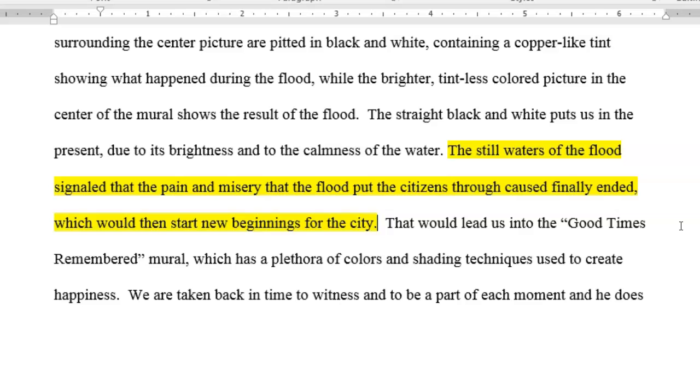Like, okay, all right, there you're explaining the significance of those uses of black and white, and connecting them to the paper's overall argument. More of that is needed. More reminders like that are needed throughout the paper.